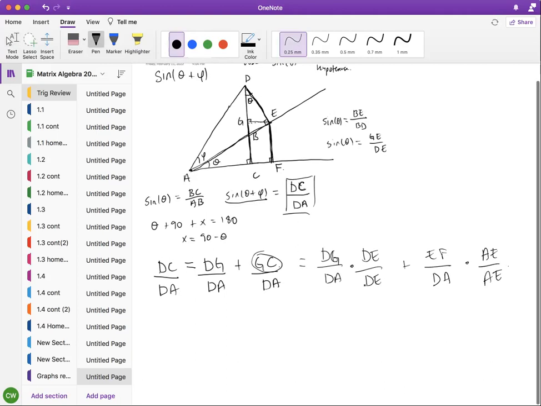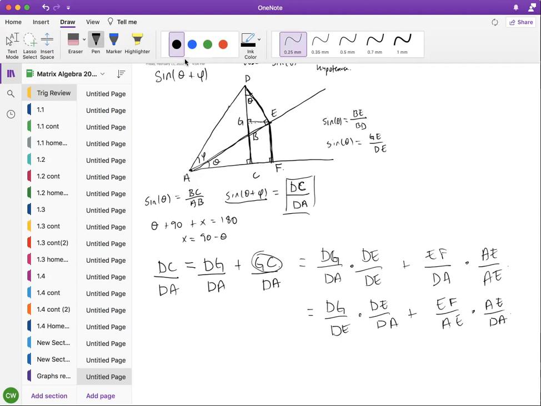Now we can rearrange the fractions and get DG over DE and DE over DA, and EF over AE and AE over DA.